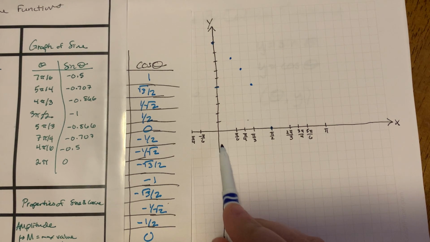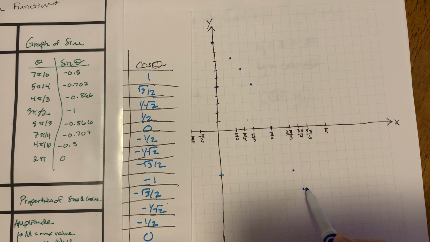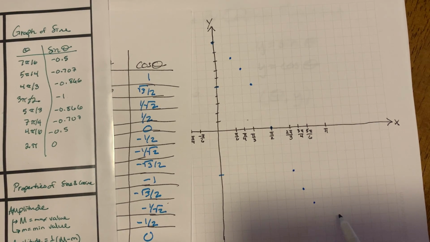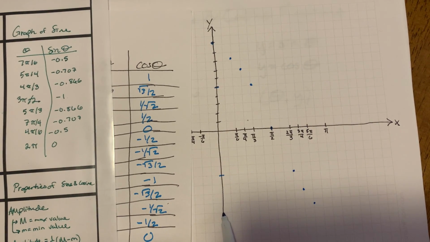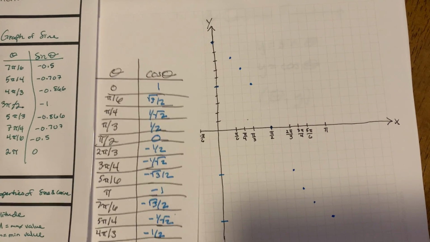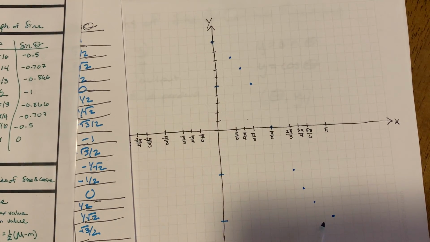At 2 pi over 3, we're at negative 0.5, then negative 0.7, then negative 0.86. And at pi, we're at negative 1. So it looks like that from 0 to pi.